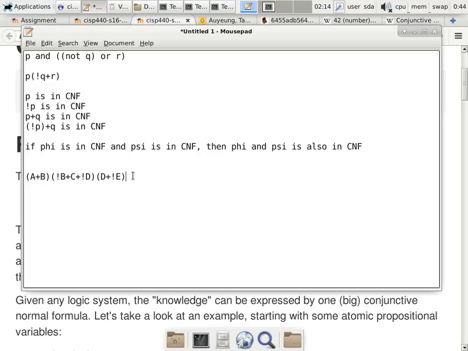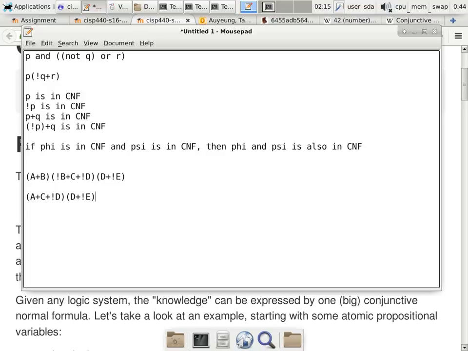In the first resolution, I take out the B and the not B, then we concatenate the rest, and we end up with that. That's the result of resolving the first expression and the second expression on the first line.